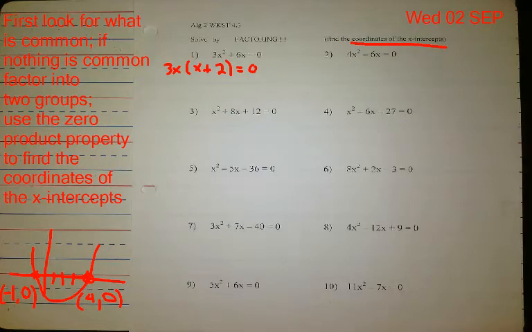Well, that is 0. So I know 3 times 0 would be 0. So x could be 0, or over here there's a whole other answer, or x could be negative 2. Negative 2 plus 2, that'd be 0. And 3 times 0, that'd be 0.